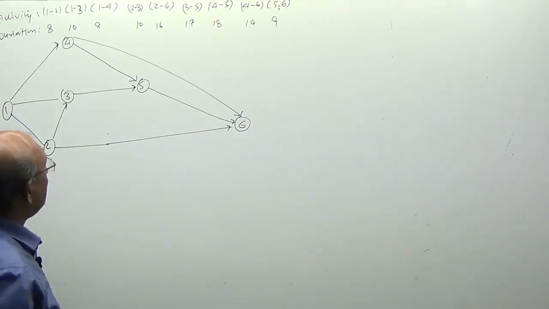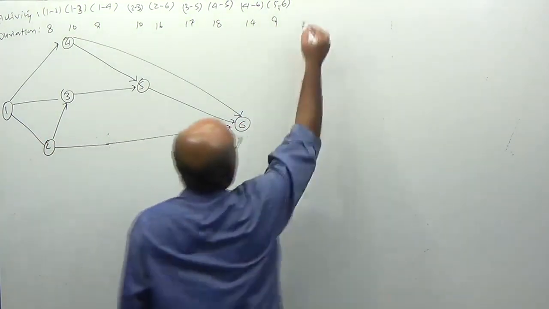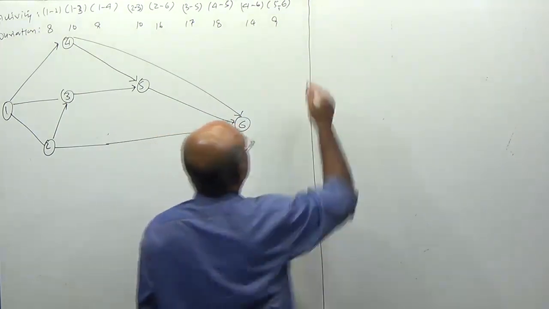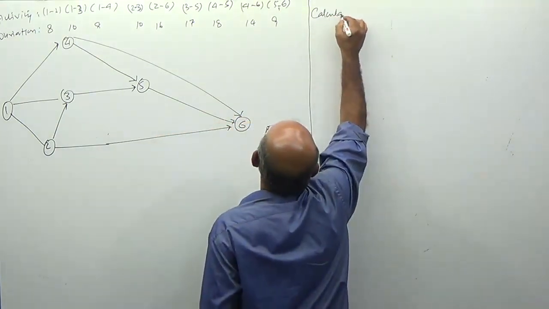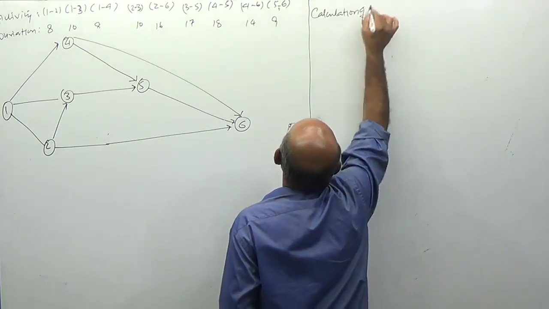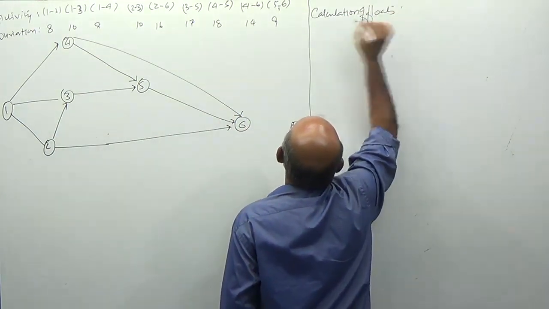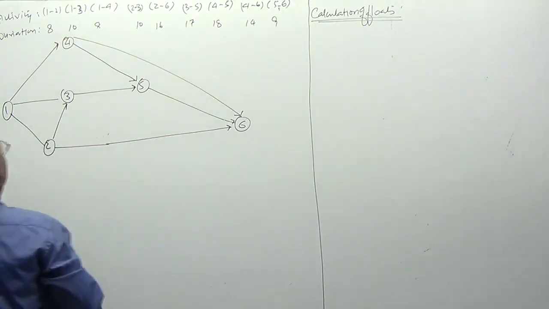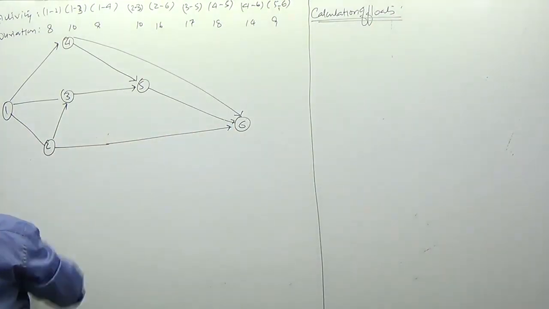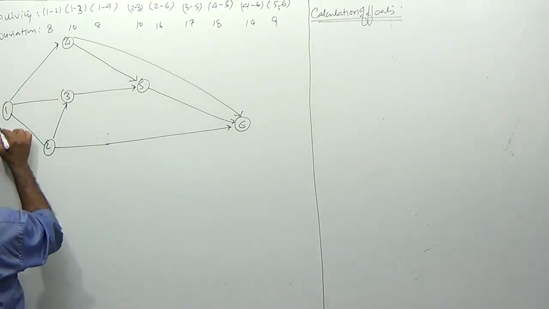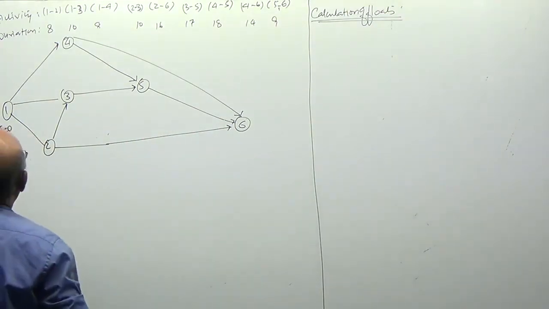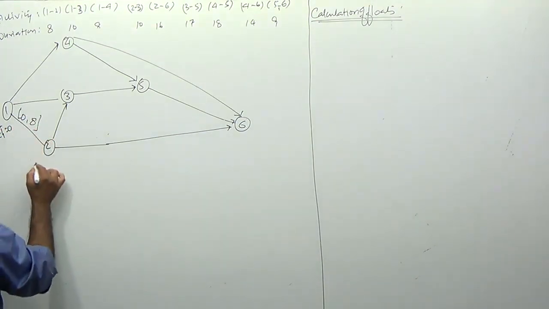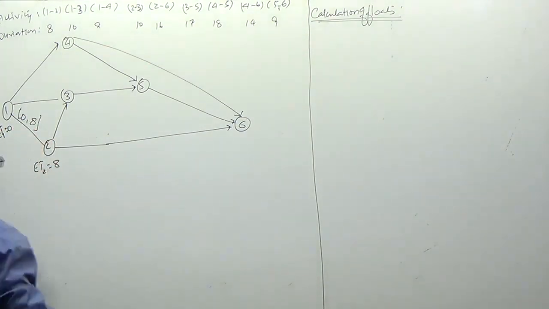Let's calculate the earliest timings and latest timings. This part I'll keep for calculation of floats. So activity 1-2 will take 8 days. Earliest timing of 1 is 0, so earliest timing of 2 is 8.